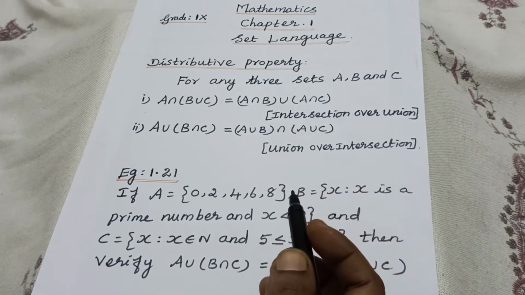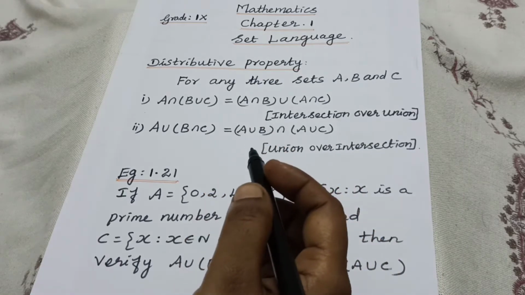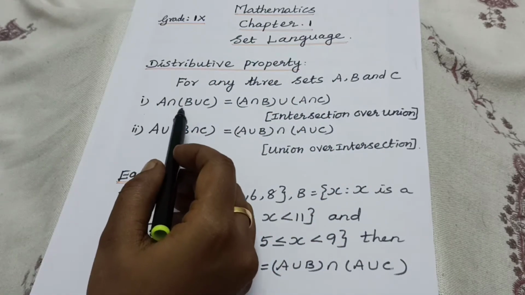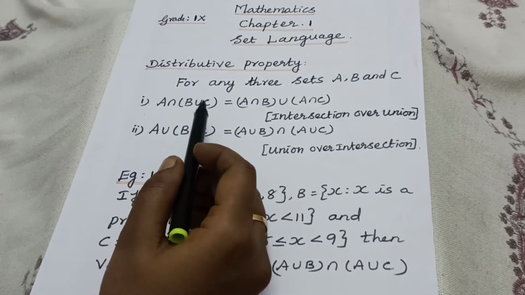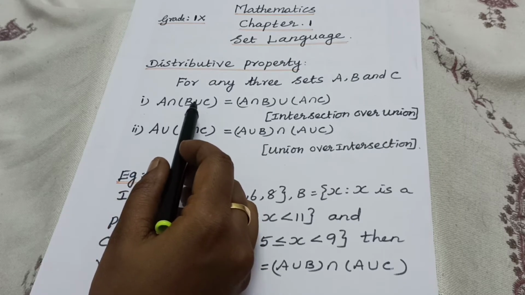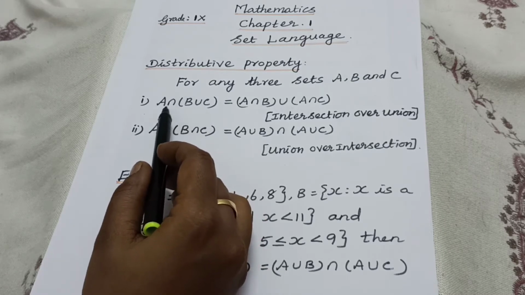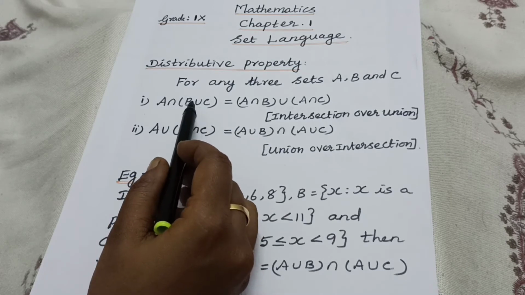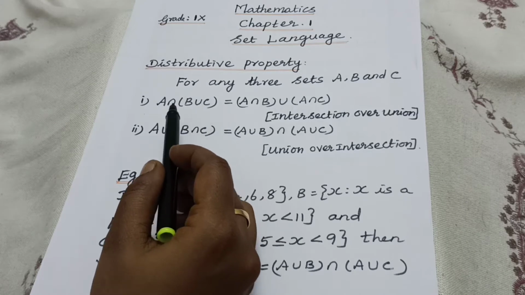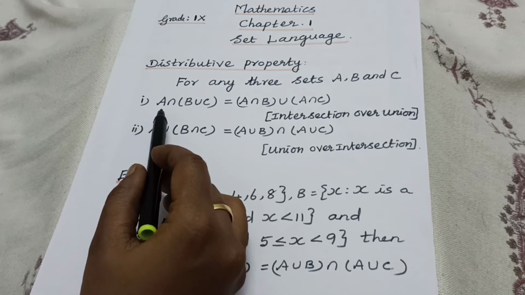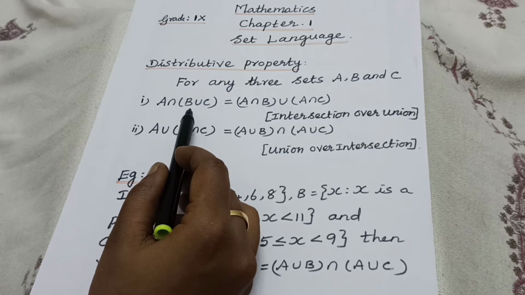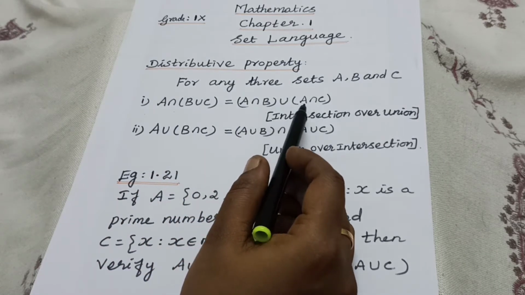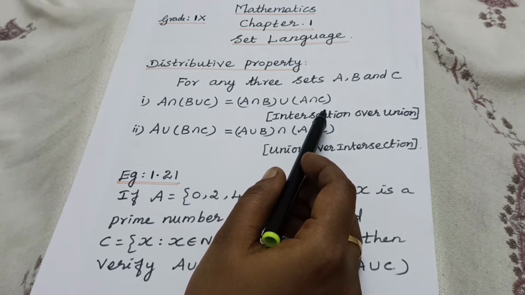In the same way we can define the distributive property on sets. Multiplication over addition means here into, here plus. In the same way, A intersection (B union C) is equal to (A intersection B) union (A intersection C).